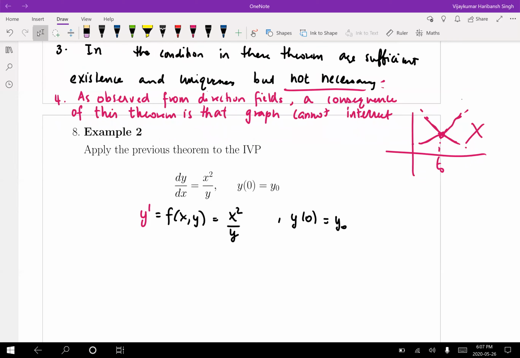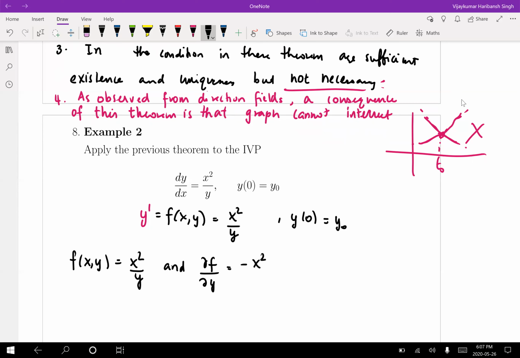So now let's try to apply the existence and uniqueness theorem. So what do we need for f of x, y, which is x squared by y, and the partial derivative of f with respect to y, which is minus x squared by y squared.